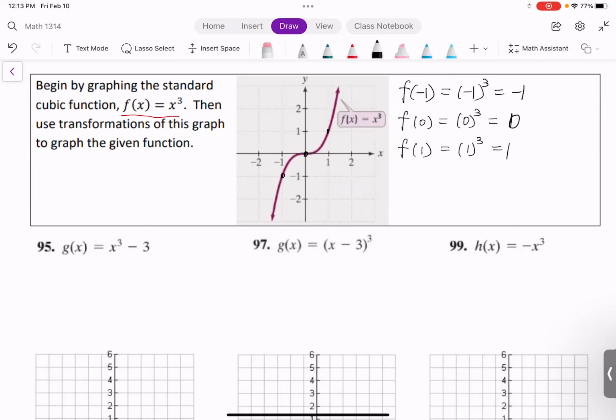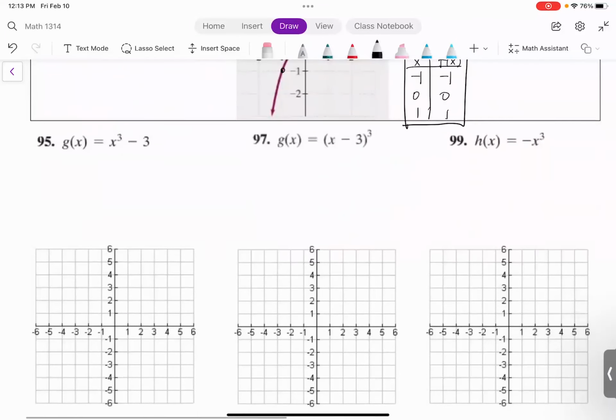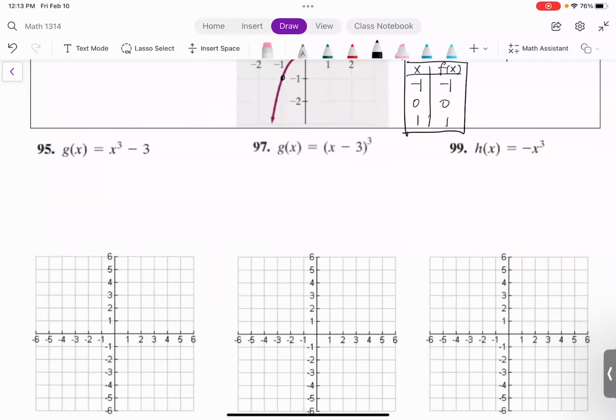That is 1. So the key points x, f of x are -1, -1, 0, 0, 1, 1. They are very simple key points. So let's use the key points to find the transformed key points.